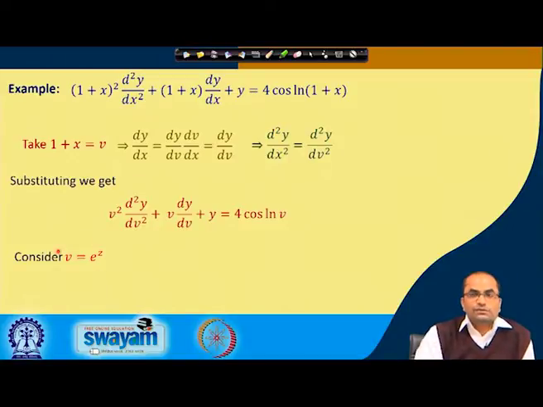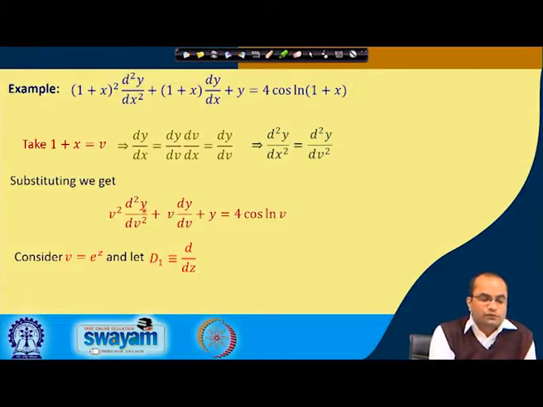So, we will do exactly the same. We substitute the independent variable v in the form of exponential z, and assume a new operator D1 equal to d over dz, while our operator D is d over dv.